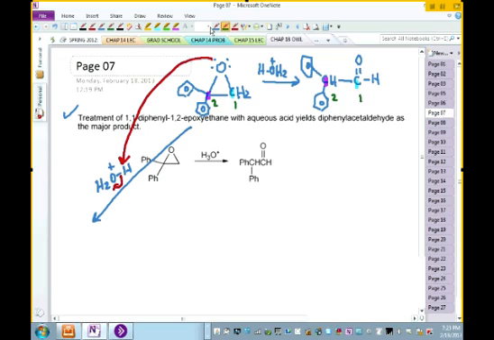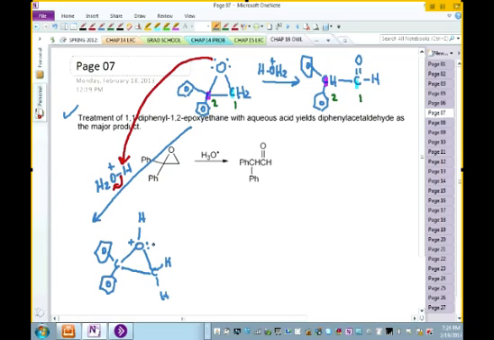Okay, so therefore we are going to form this intermediate. Okay, so you form that oxonium ion intermediate.